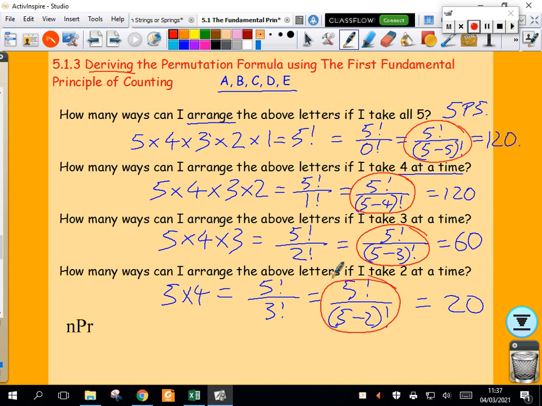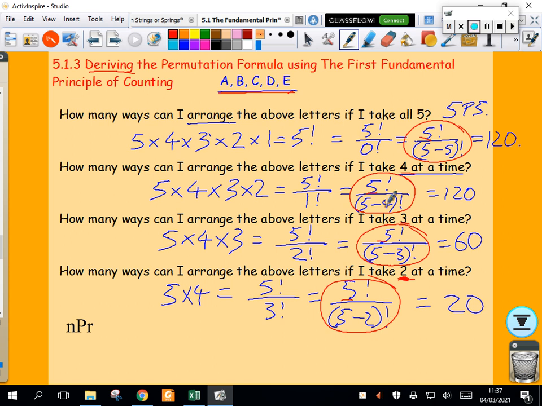I'm really interested in this. So taking 2 at a time, we have 5 from a population of 5, of course. Population of 5, so we're always getting that population size on the top. But I'm choosing 2 at a time, so I'm subtracting 2 from 5 on the bottom. When I was choosing 3 at a time, I'm subtracting 3 from 5 on the bottom.